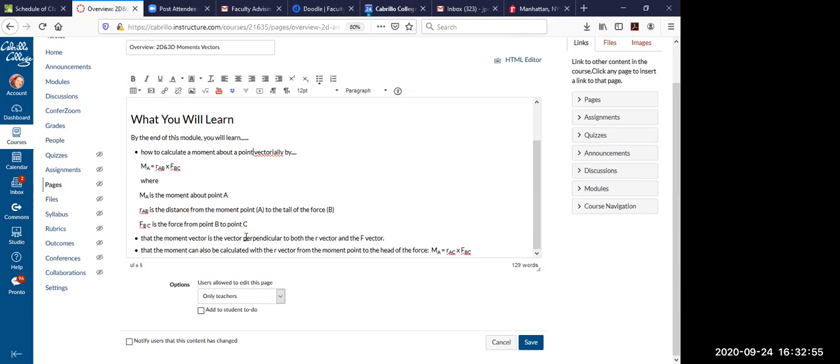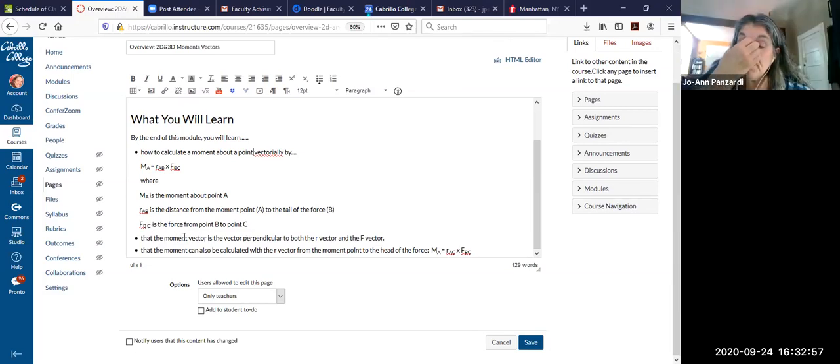You also know from both physics and math, definitely from math, that when you do the cross product, the moment vector is the vector perpendicular to both the R vector and the F vector. Let me say that again.